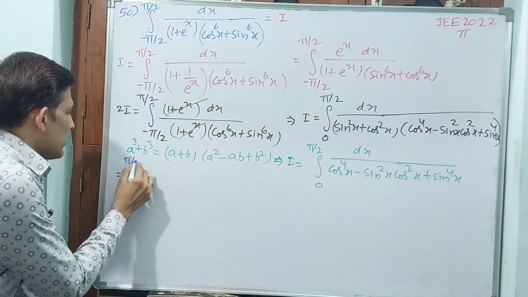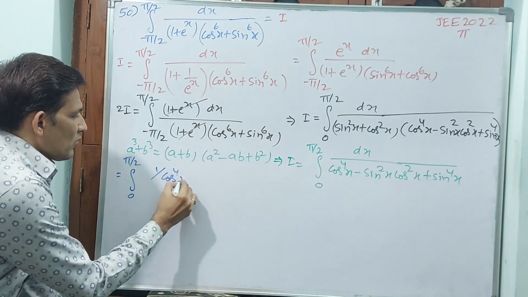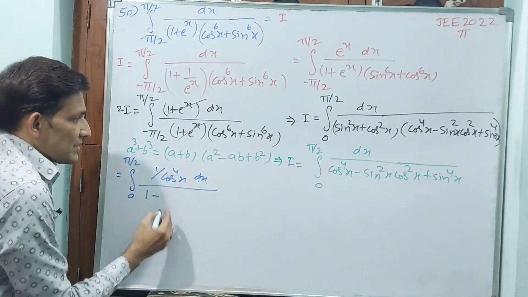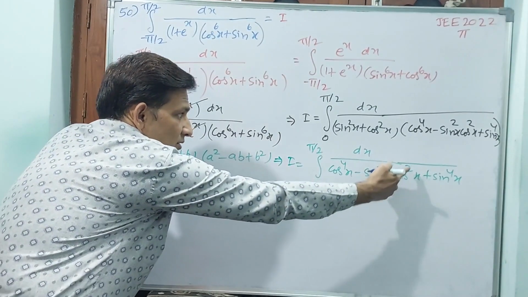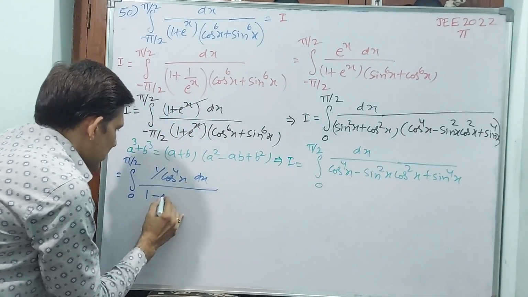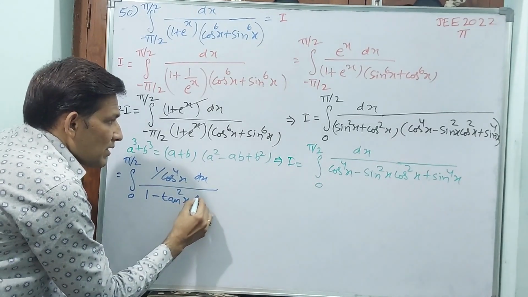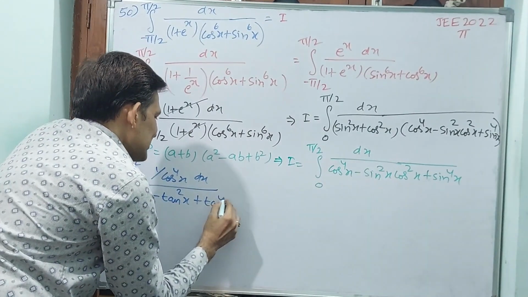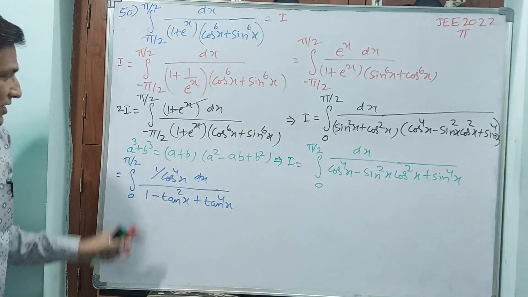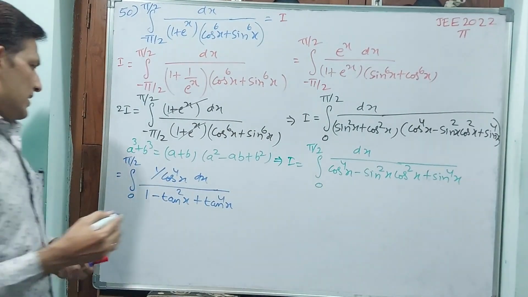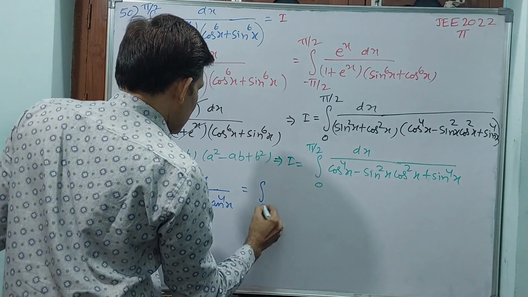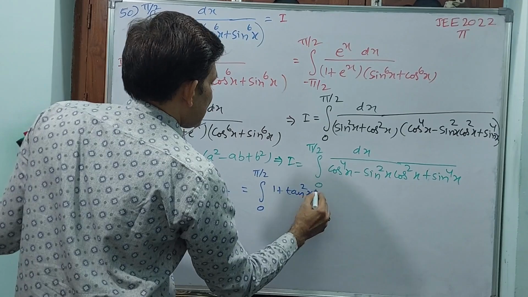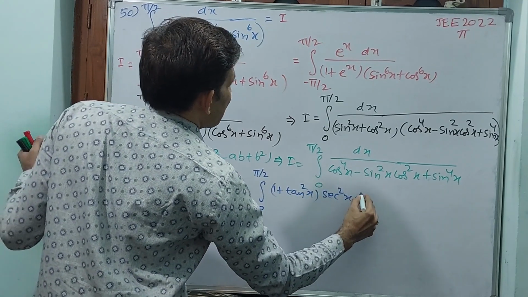We see how. 0 to pi by 2, 1 by cos to the power of 4x dx by cos to the power of 4x by cos to the power of 4x: 1 minus, see, cos to the power of 4x means cos square, sin square by cos square is tan square, plus sin to the power of 4x is tan to the power of 4x. Understand? This we are going to write as secant to the power of 4x. Write down. That is equal to, see, integral 0 to pi by 2 of (1 plus tan square x) into secant square x dx.